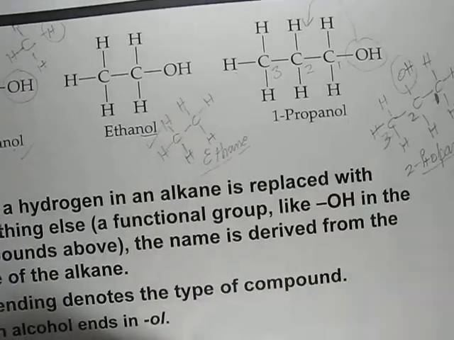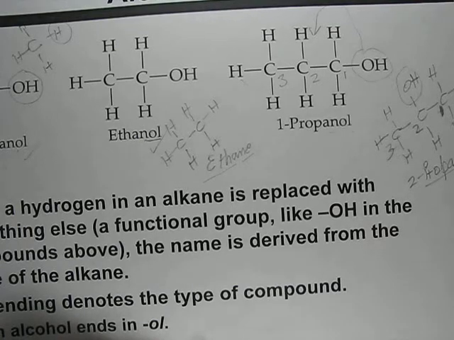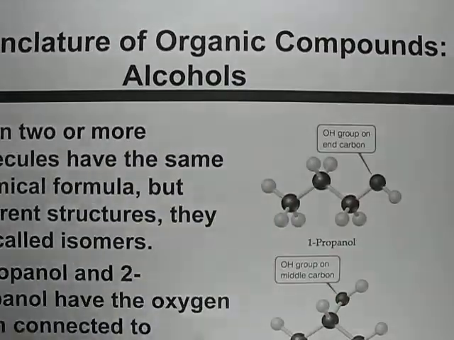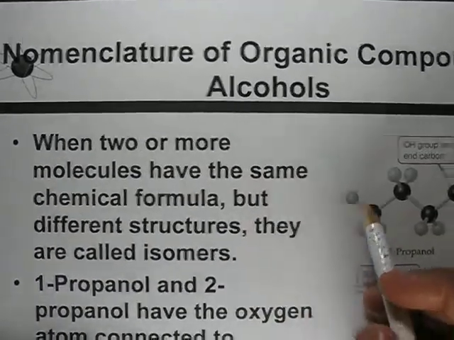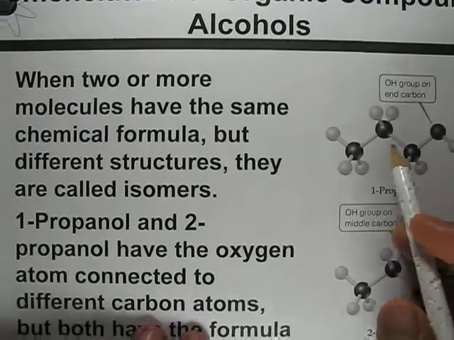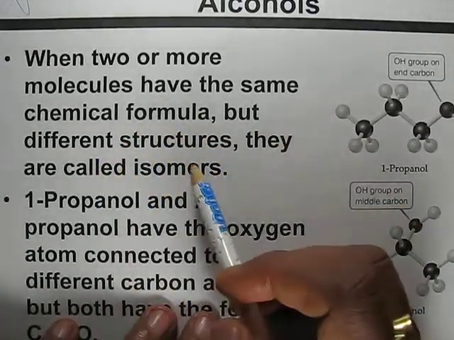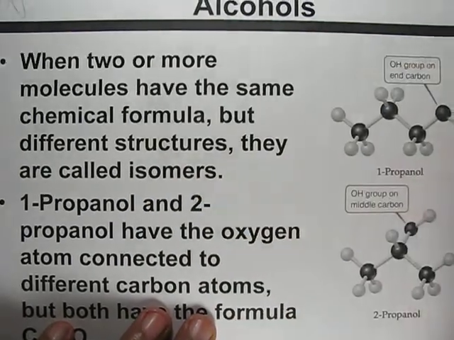You will study more detail in organic chemistry, O Chem 1 and 2. Let's see one more, the last slide of this chapter, on isomers. When 2 or more molecules have the same chemical formula but different structures, they are called isomers.